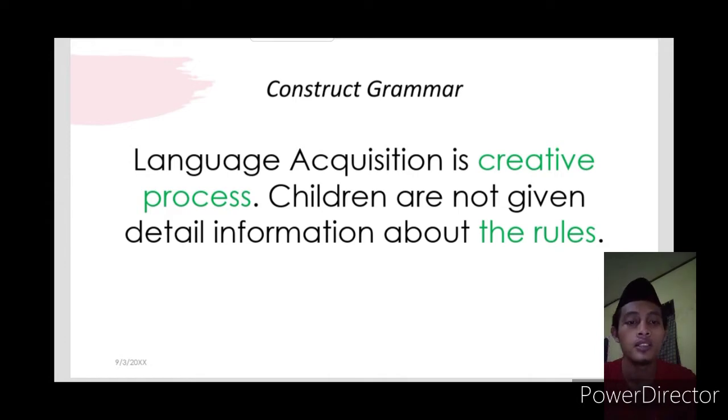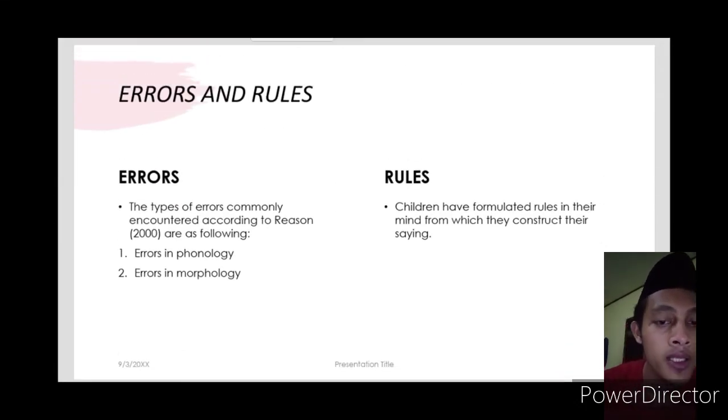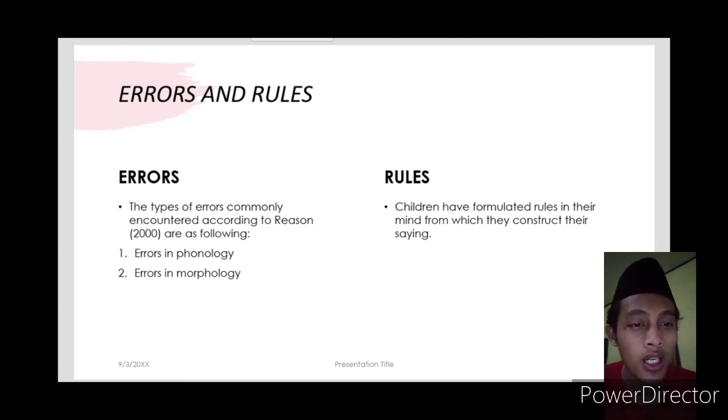The second, I would like to explain about error and rules. The first is errors. The types of errors commonly encountered according to reason are as following.